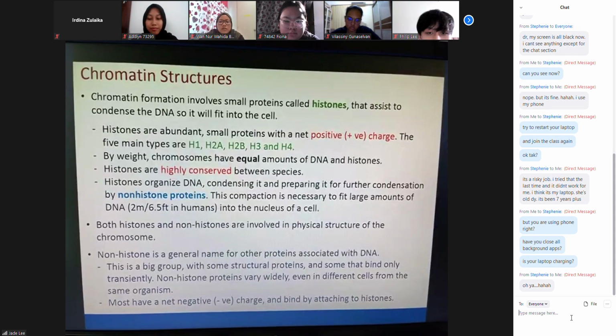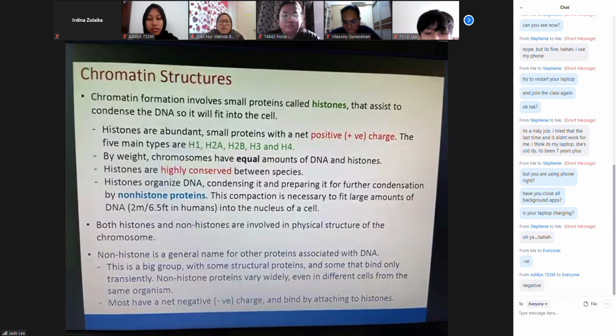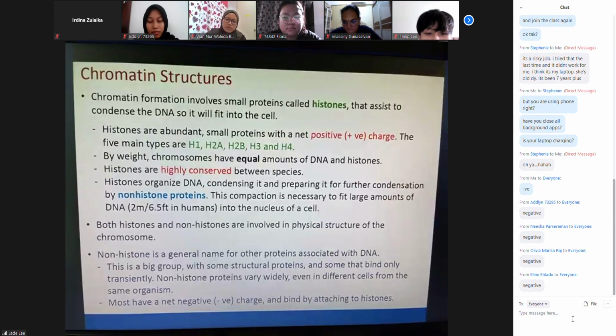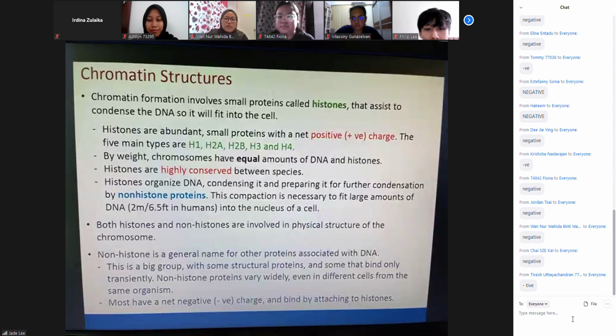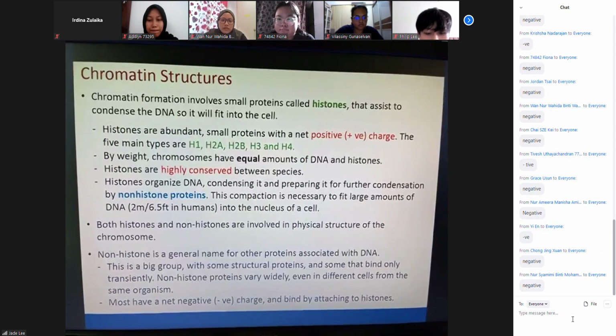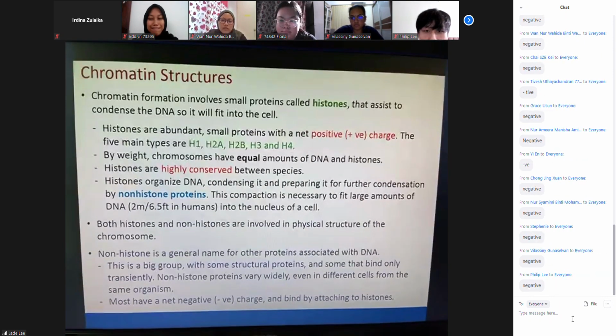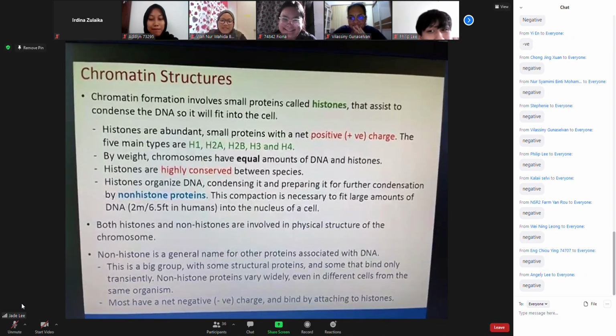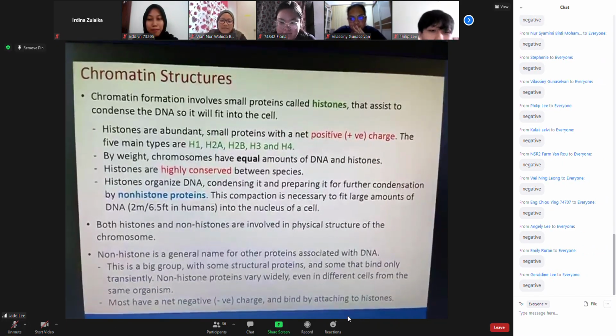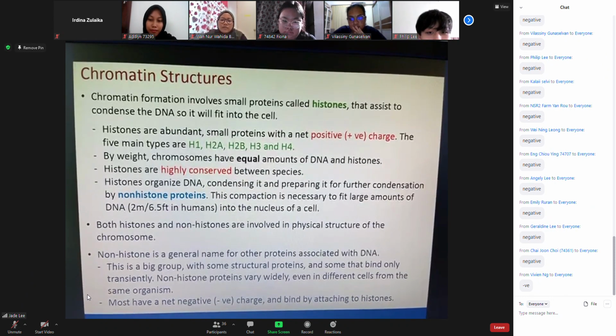Jangan ikut kawan. DNA kita negatif ke positif? Cuba type dalam chat box. Siapa tak type tu saya rasa dia tidak dengar lah. Ataupun dia, wah semua bagi negatif kah? Betul ke ni? Ikut kawan ke? Okay. DNA kita negatif kan? Okay.